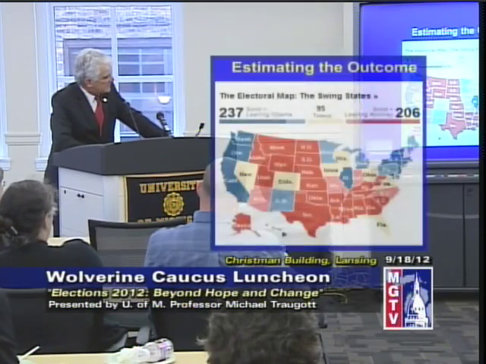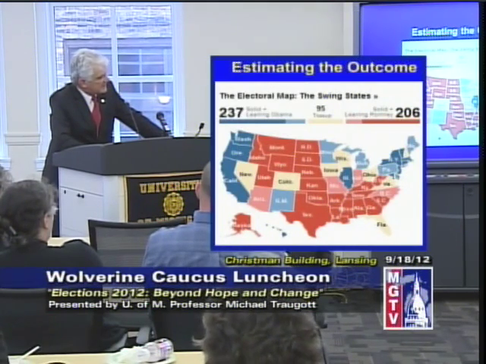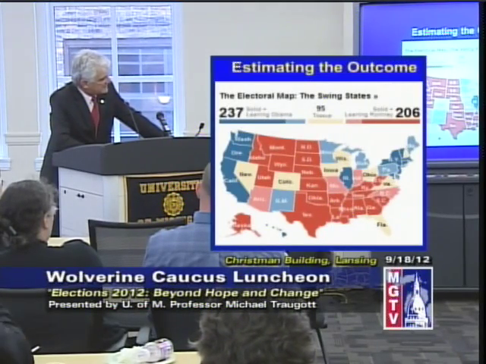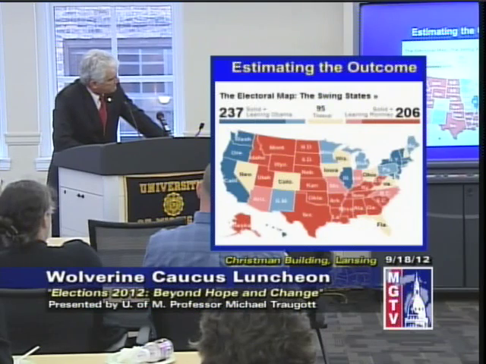This is a map which estimates state-level outcomes. And again, it uses this blue and red designation for states that are on one side or the other, plus 95 electoral votes as toss-ups in the swing states.